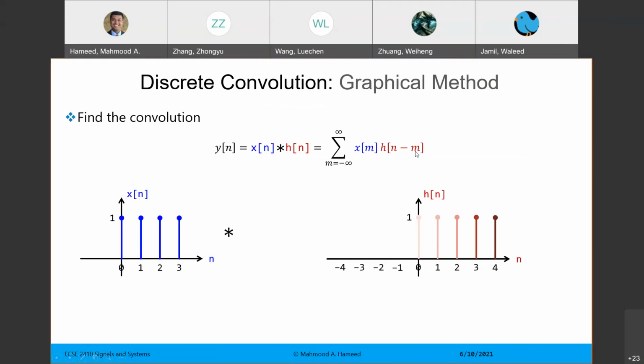How about this guy? Oh, I have a few more steps involved here. First is h of n minus m. So I need to do a few things here. First, I need to go from n to m. Next, once I get m, I need to flip it about the y-axis so that I get h of minus m.